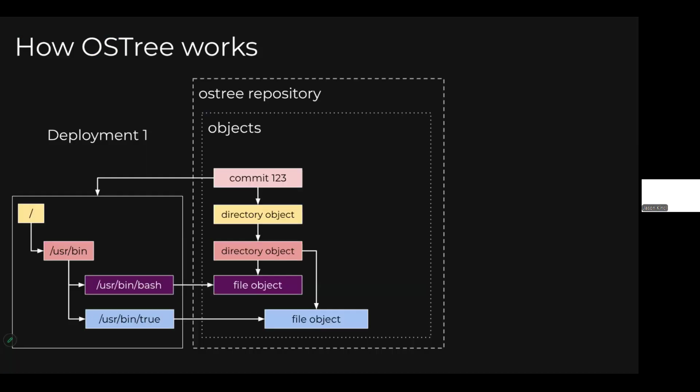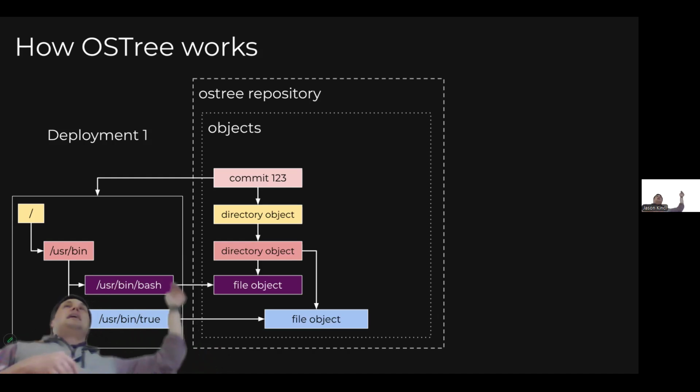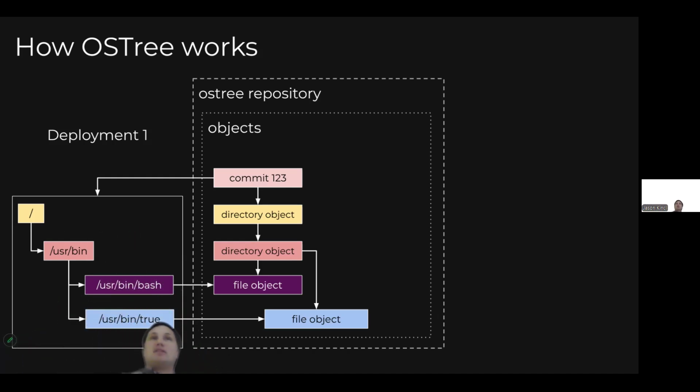It works like this. You have different types of objects, like directory and file objects, and commit objects, right? So a commit references a file system hierarchy that references the content objects in the OSTree repository.